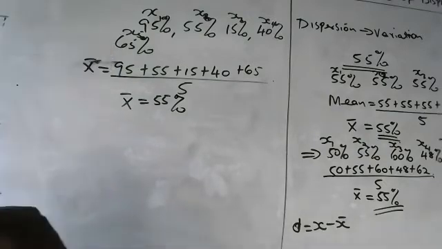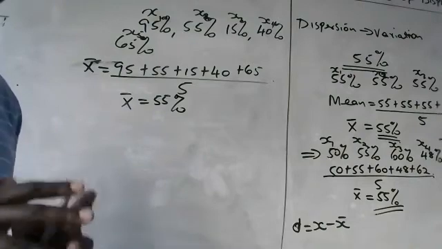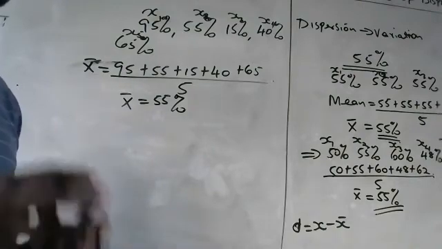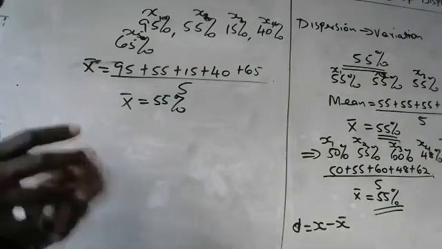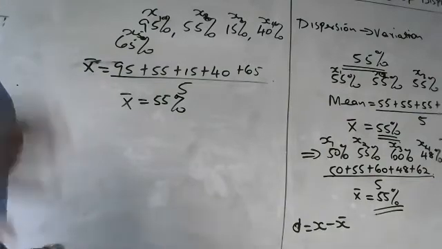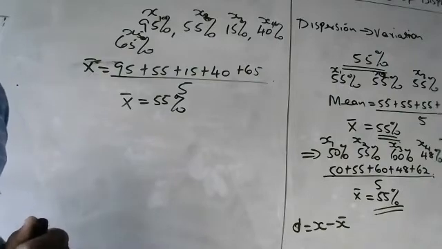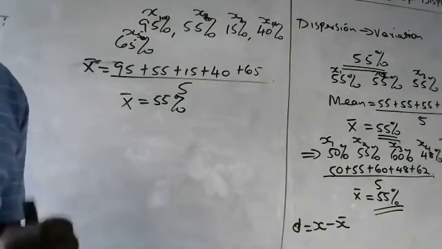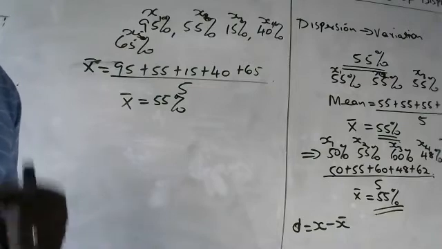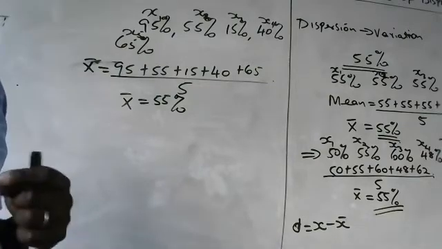So, having given you that breakdown of what a measure of dispersion is and what it does, it is now my responsibility to show you how we calculate the dispersion using the different methods that we have.